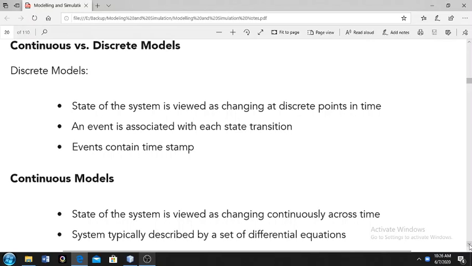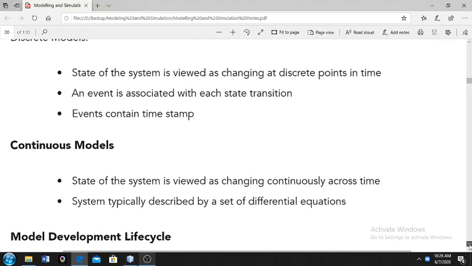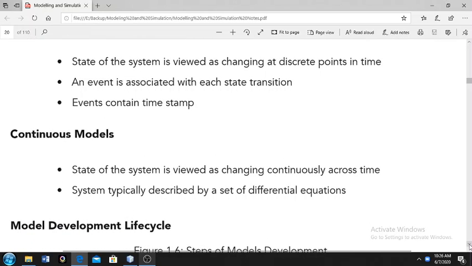Continuous, then. Continuous can take many different values, like a name. If you have the entity student, the name of a student is something continuous, it can take up many values. The state of the system is viewed as changing continuously across time.